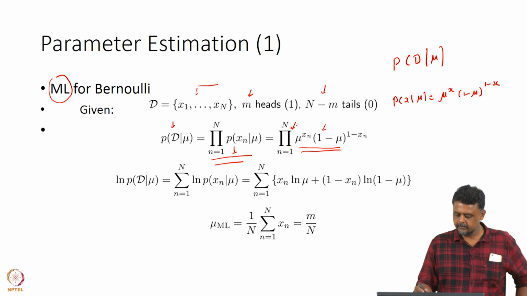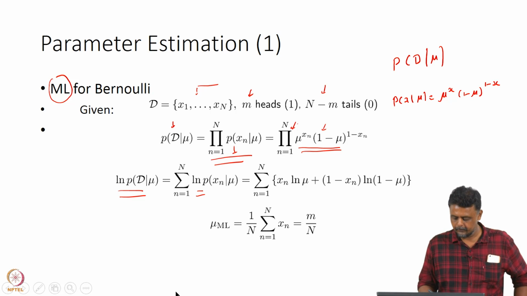From a computational point of view, since multiplication can lead to numerical errors, we take a log of this expression. The log of a product decomposes into a sum of the logs, because if you take, let us say, the log of a times b, it is log a plus log b.